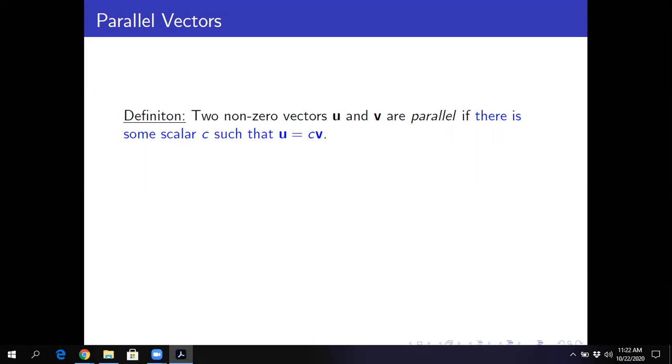If I simply scale v by some constant, then u and v will be living on the exact same line through the origin, if I draw these things emanating from the origin.